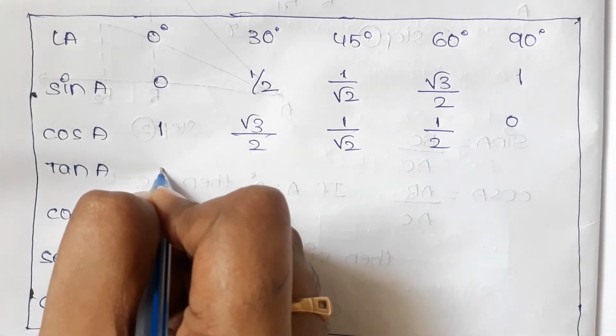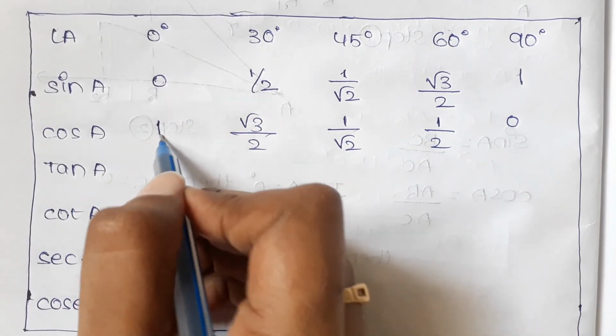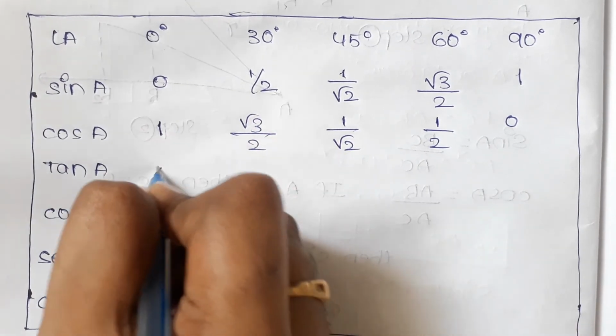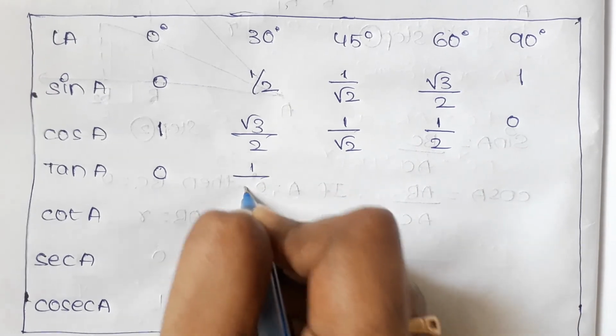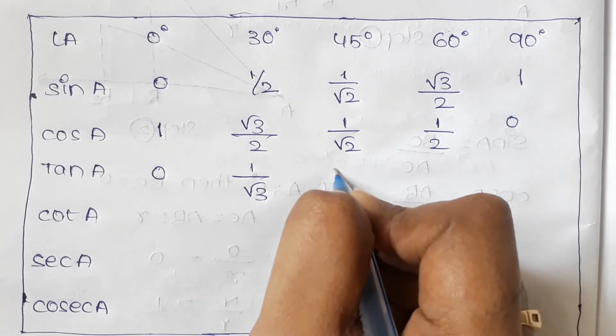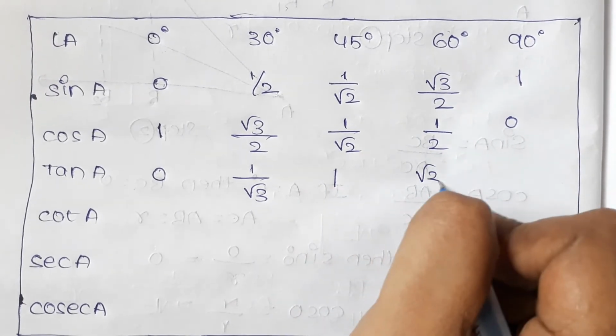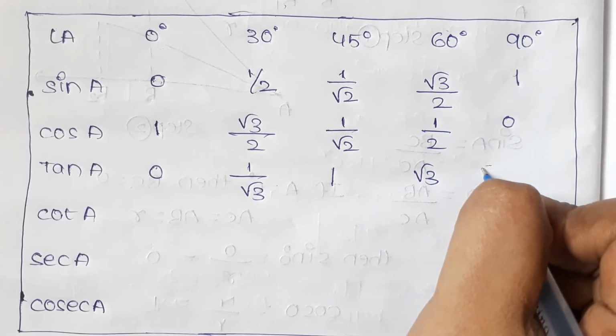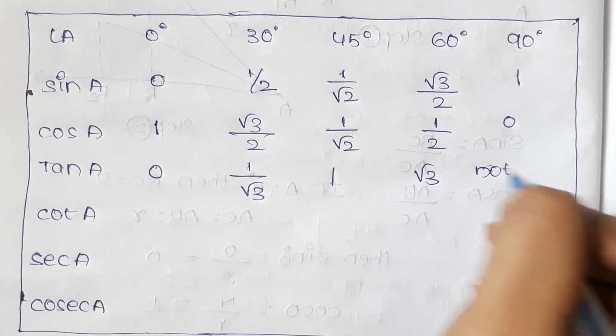And now tan A is sin A by cos A, 0 divided by 1, that is 0, 1 by root 3, 1, root 3, and tan 90 is not defined.